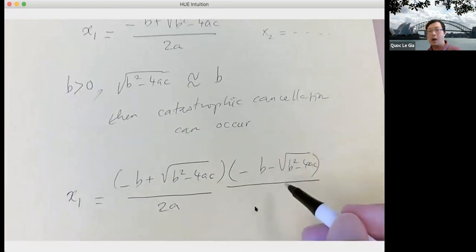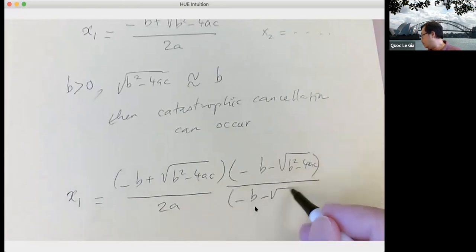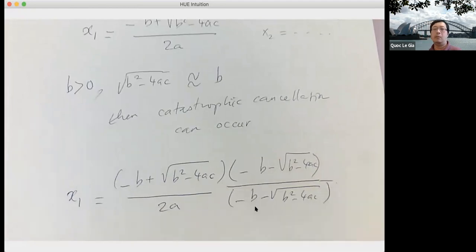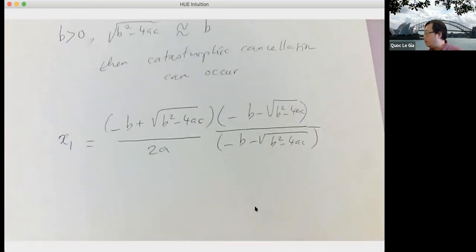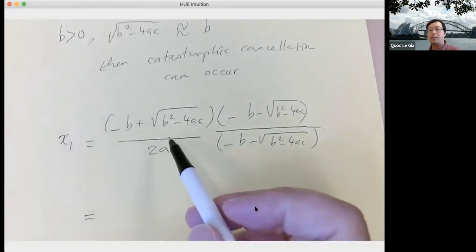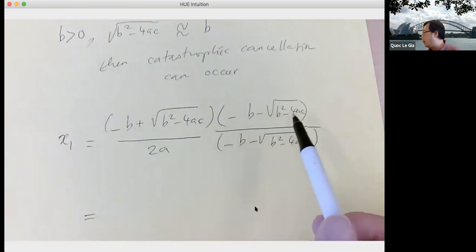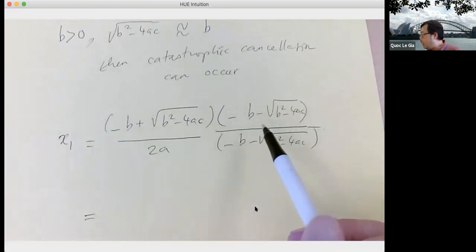Well, I multiply, but then I divide, so it's the same. Okay, and now if you remember the formula for a minus b, a plus b.